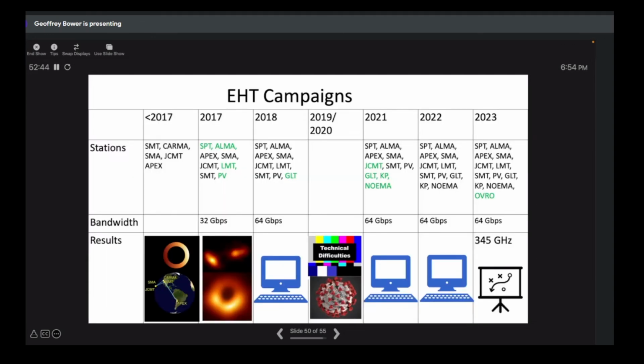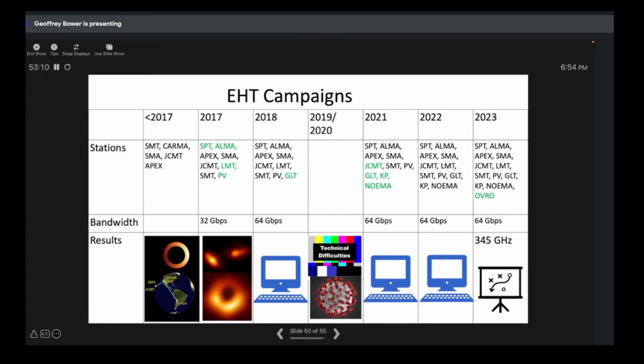And we have a lot of data. So both the Sagittarius star and M87 results are from 2017. We have 2018 data that we are working on very hard right now. This has the GLT as a part of it, observing M87, and so that's going to be quite interesting.